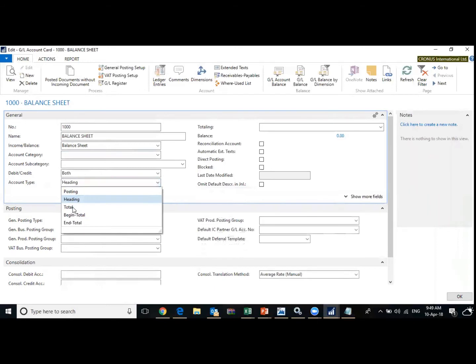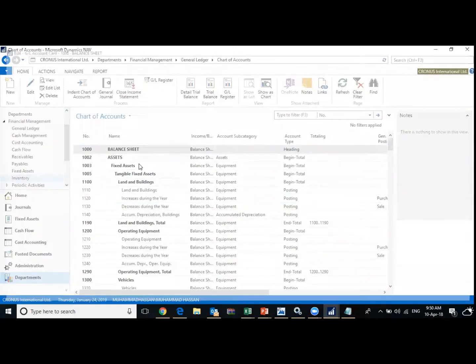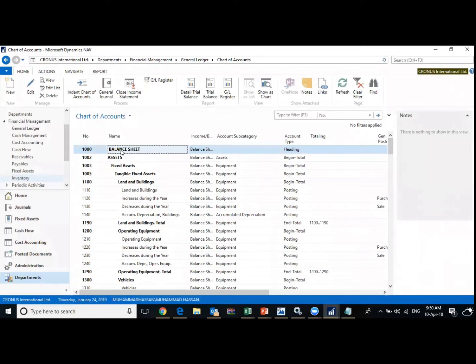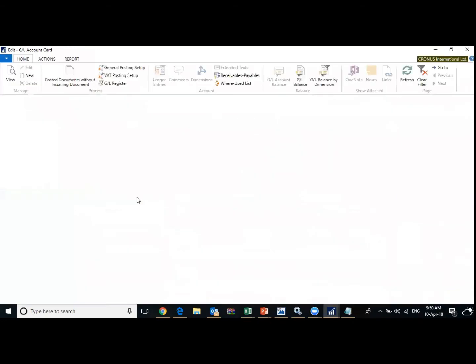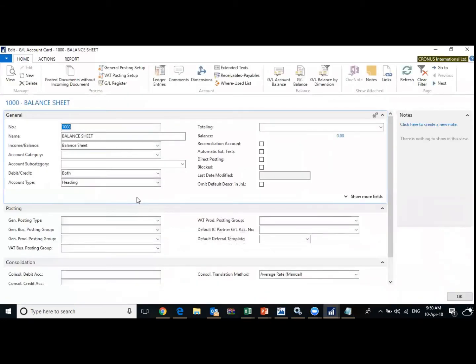Now, what are heading and total accounts? These two accounts are not used too much. It comes down to personal preference. But if you can see here in the demo database, they have created the balance sheet account as a heading account. What this means is, in your chart of accounts, you have either your balance sheet accounts or your income statement accounts.